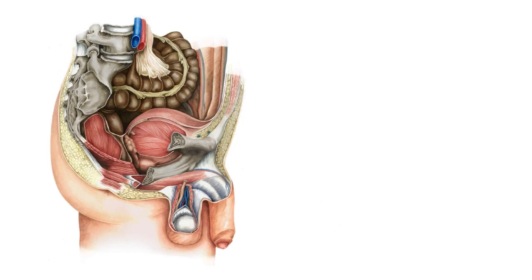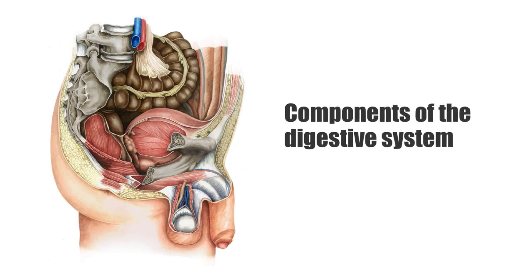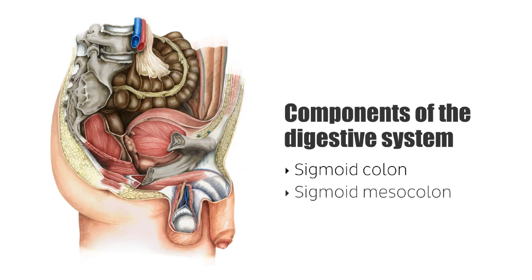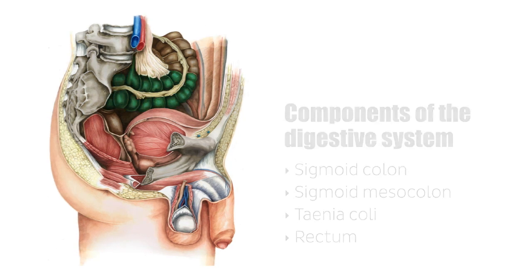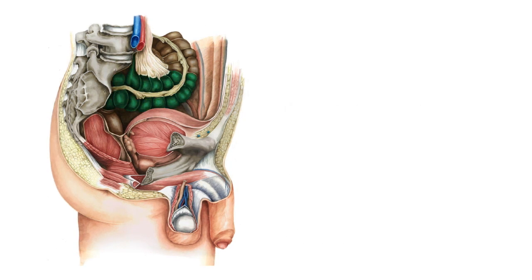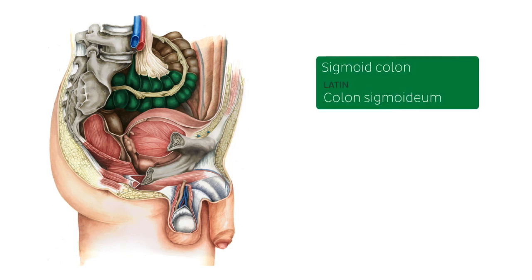Now we're going to be talking about some of the components of the digestive system that we can see here on this image. We're going to be talking about the sigmoid colon, the sigmoid mesocolon, the taenia coli, and the rectum. Starting off with the very first one here on the list that you see now highlighted, this is the sigmoid colon.